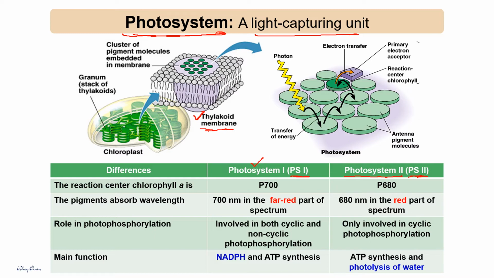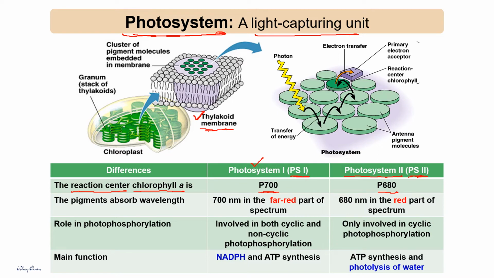The main one is the reaction center, which consists of the primary pigment chlorophyll A, and is different. Photosystem 1 has chlorophyll A P700 and photosystem 2 has chlorophyll A P680, which function as the reaction center.